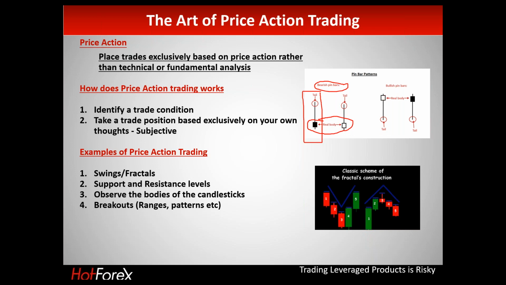If the body is small again, but instead of a tail to the upside, we have a big tail to the downside, so below the body, then this is a bullish pin bar, simply because we had a lot of selling pressure that managed to push down the price at that level, but the bulls took control and pushed the price back higher.